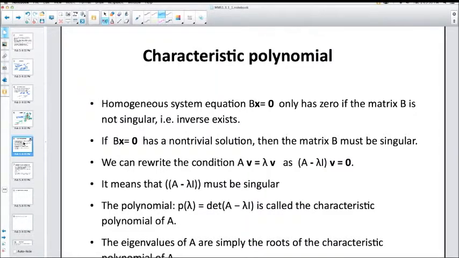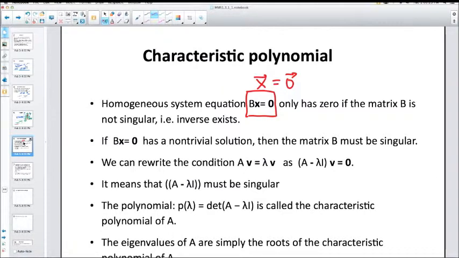I want you to recall some knowledge in matrix algebra. The first observation deals with the homogeneous equation. We know this equation always has the 0 solution. You can put x vector as 0. 0 times anything is 0. They're good.